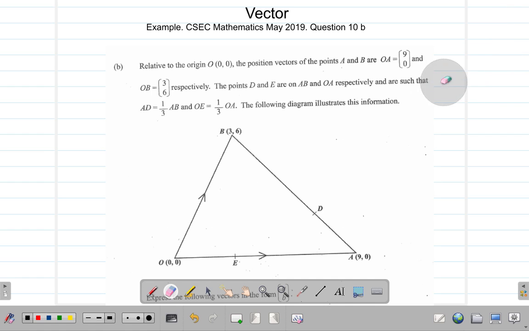Now, here, what you have is the other vector OB. OB is this vector going from O to B. It is (3, 6).